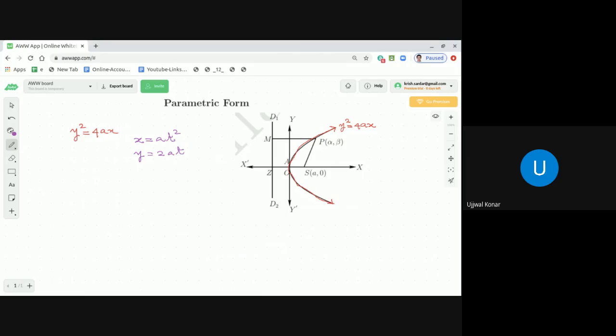That is the significance of parametric form, dear students. In future, while solving many more problems related to parabola, we will see that if we assume the parametric form, it is easier to solve the problem, especially problems related to calculus. So this is what is called the parametric form. I hope it is clear, dear students, what is meant by parametric form.